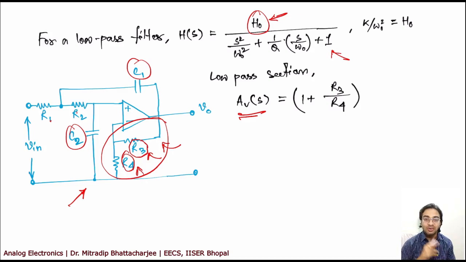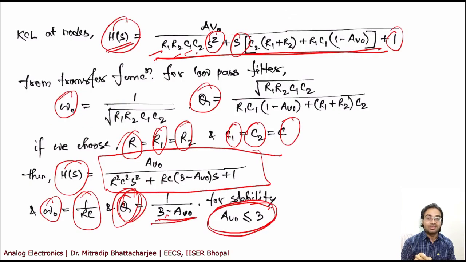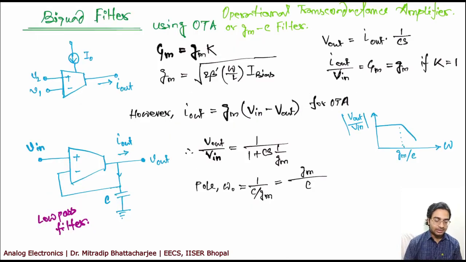That is not possible. You have to take care of all these things. If your gain becomes more than 3, you will reach the unstable zone. This is nothing but the pole not being in the stable zone. Simple as that. Okay. So this is another example.